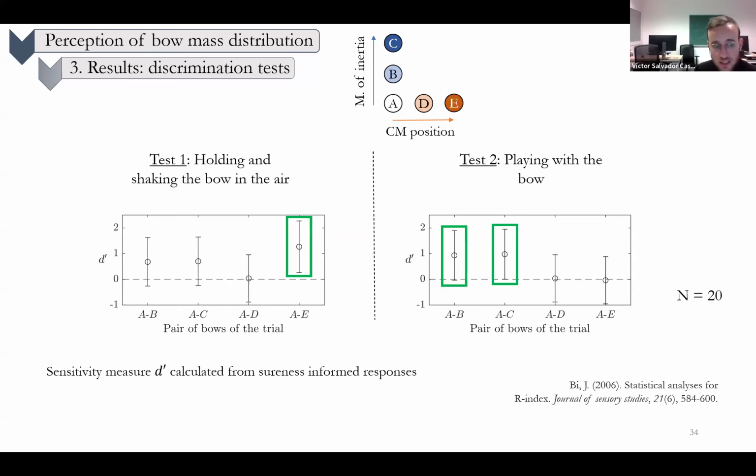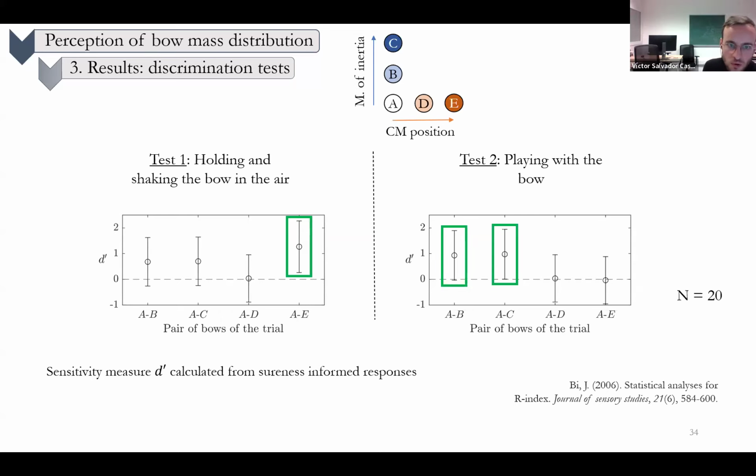We see that for the bows that have a variation in the moment of inertia, mostly, I think it was 14 out of 20, said that this was the different bow, but it's not a significant discrimination, meaning that the number of participants that answered correctly does not allow us to infer that the population is able to discriminate it better than chance.